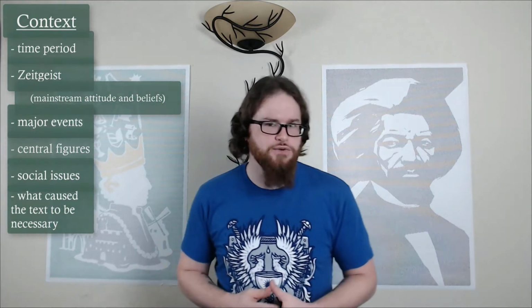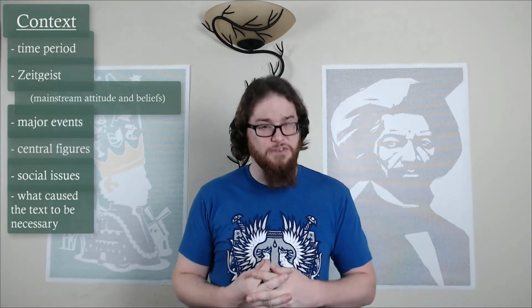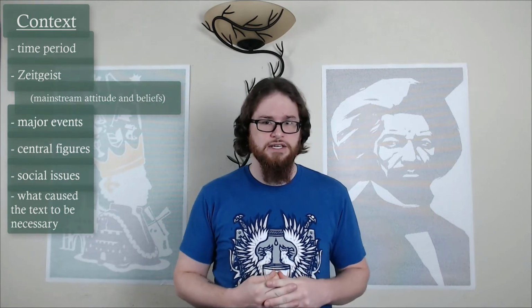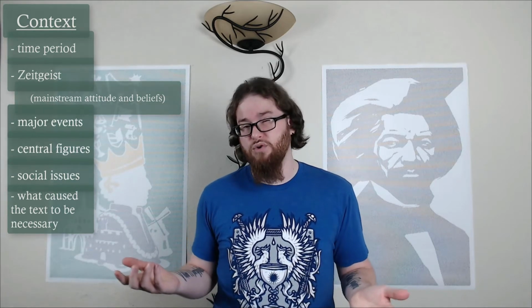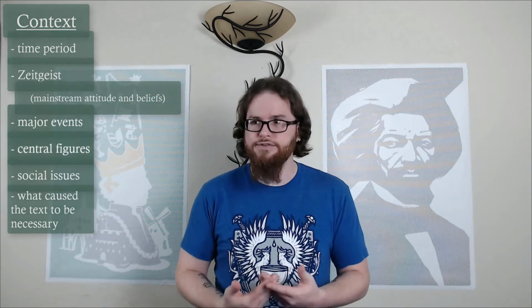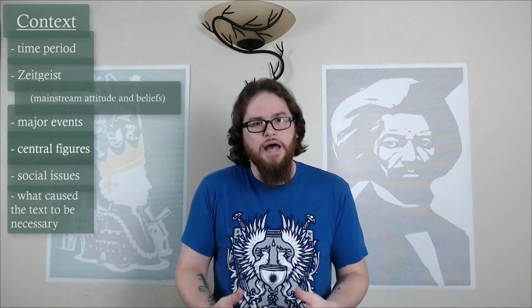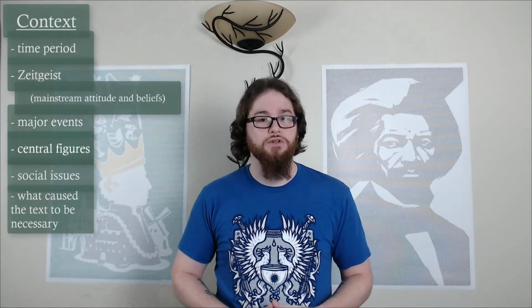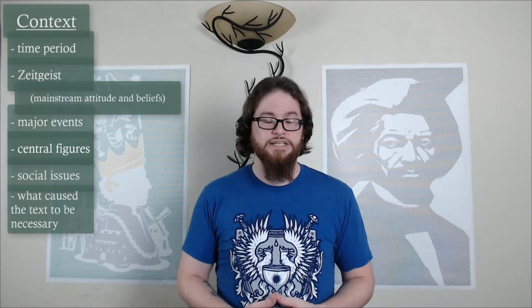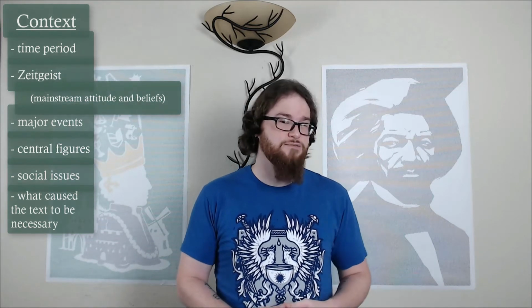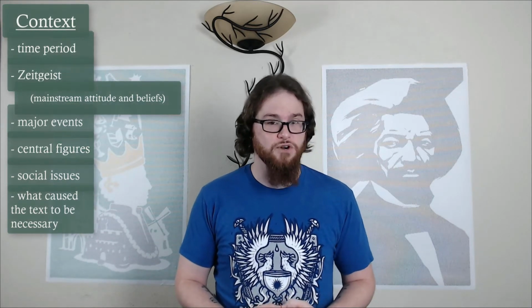If Martin Luther King Jr. had been speaking in the 1650s in America instead of the 1950s, do you think people would have heard him? Context matters because it allows us to explain why the author was so invested in writing what they wrote. Take away totalitarian governments? George Orwell probably wouldn't have written 1984.